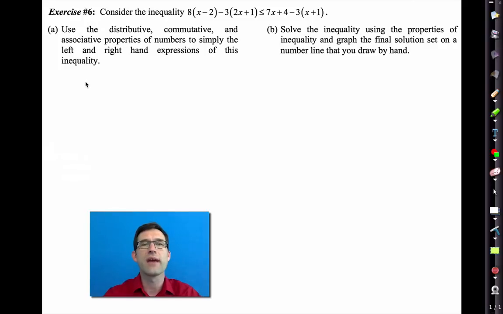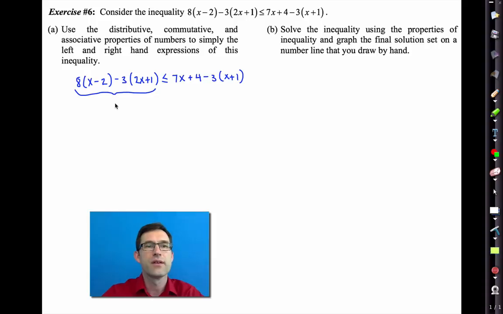Normally, we wouldn't necessarily break it down into part A and part B, but I really want you to understand something as we solve this inequality. When we're manipulating the expression on the left-hand side, expression number 1, and thinking about expression number 2, when we manipulate these two things independently, that has nothing to do with the inequality.